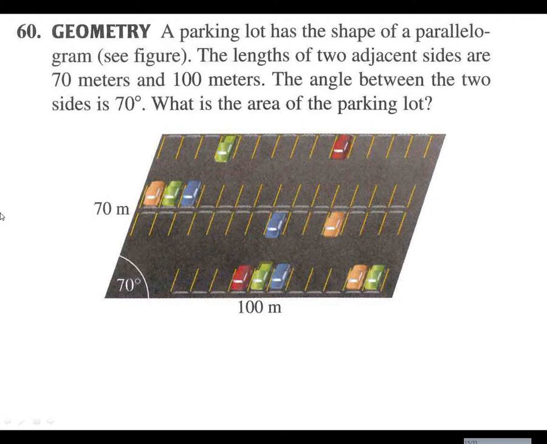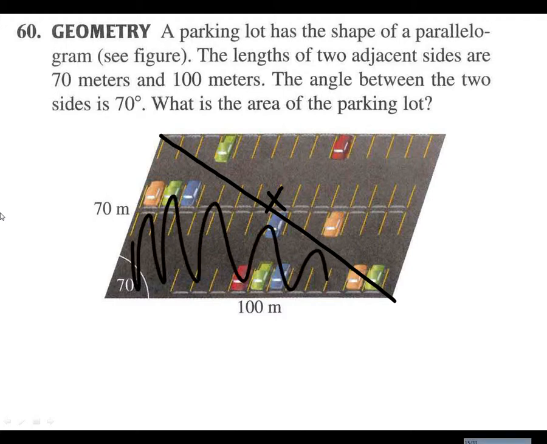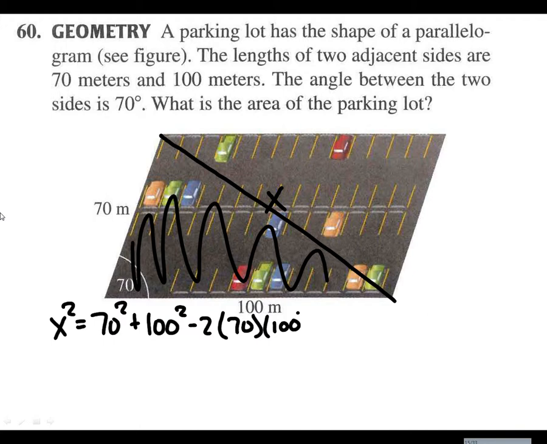Alright, so we want the area of this parking lot. We don't have a formula for the area of a parallelogram, but we do have the formula for the area of a triangle. So if I cut that parallelogram in half, if I can figure out this third side, we'll be able to use Heron's formula to figure out half of the parallelogram, and then we can double it to get the total area. And so we should know how to find x. That's law of cosines. X squared equals 70 squared plus 100 squared minus 2 times 70 times 100 times the cosine of 70.